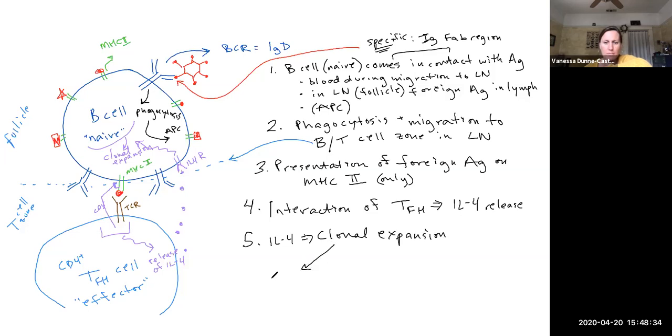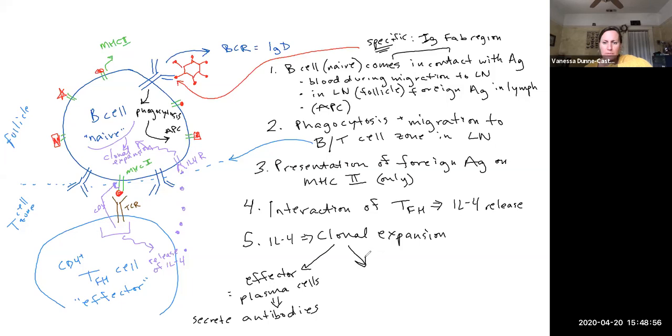So clonal expansion produces the effector cells, which are called plasma cells, which will then produce antibodies, secrete.